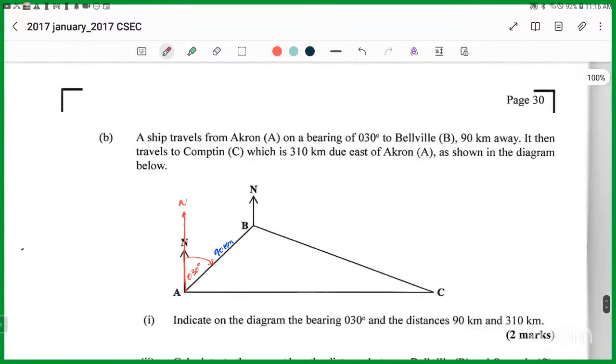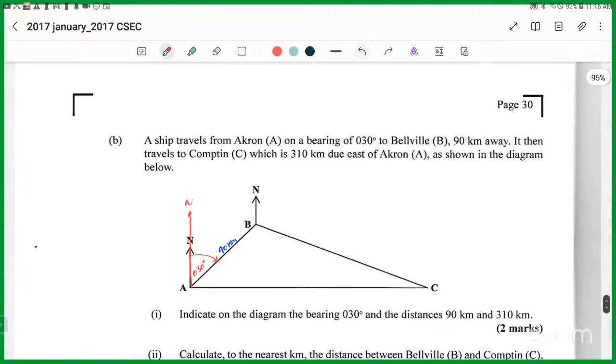Then it says it then traveled to C, which is 210 kilometers due east. Now, remember, due east simply means towards the east. And it's from A. So C is 210 kilometers from A now. So that's here from A to C. You're going east.